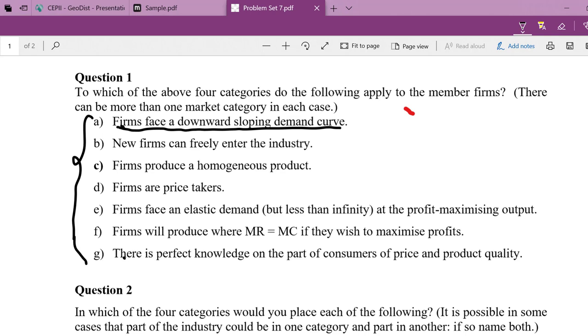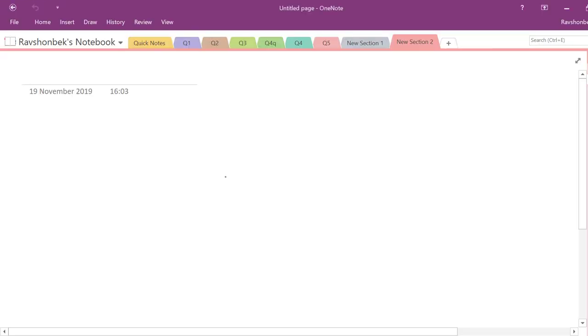This downward sloping curve doesn't apply to all. Who doesn't know? Let's hear that. Who doesn't know that firms in perfect competition face a horizontal demand curve? So everyone is happy with that? In the industry, let's do a quick recap.